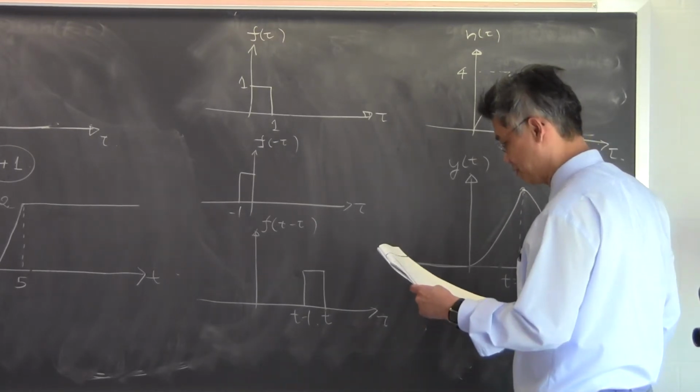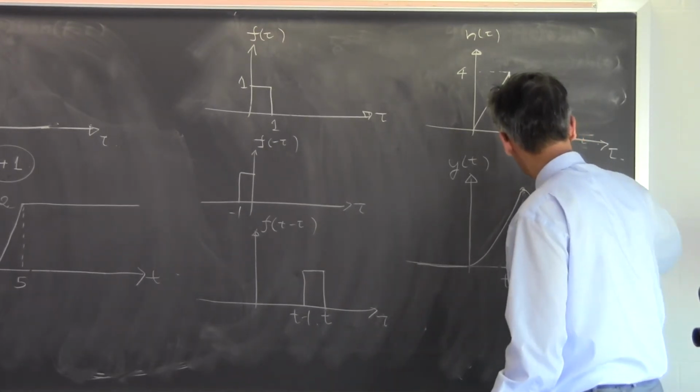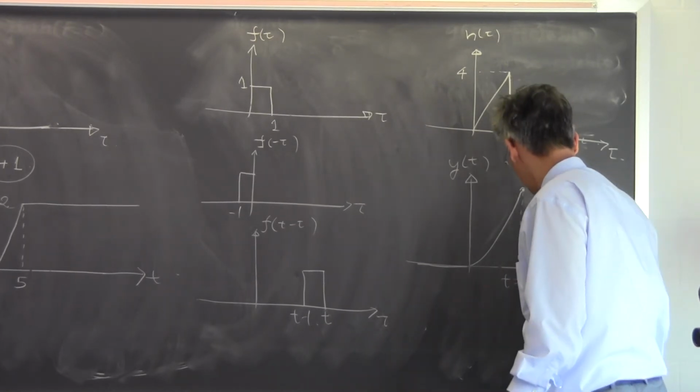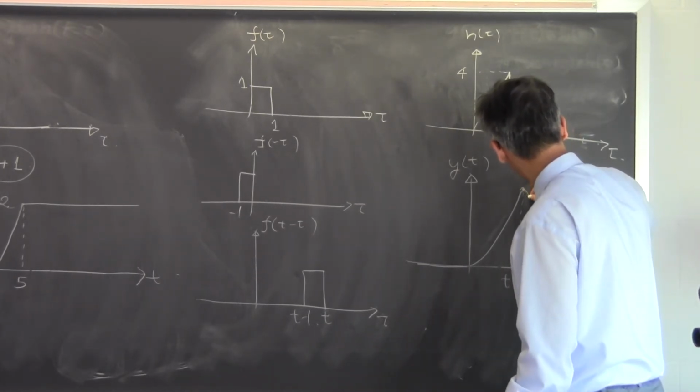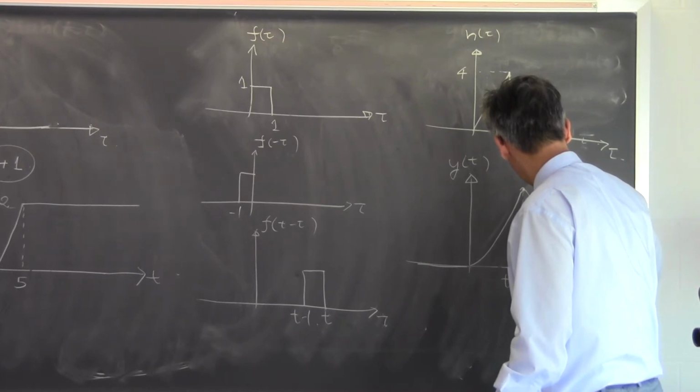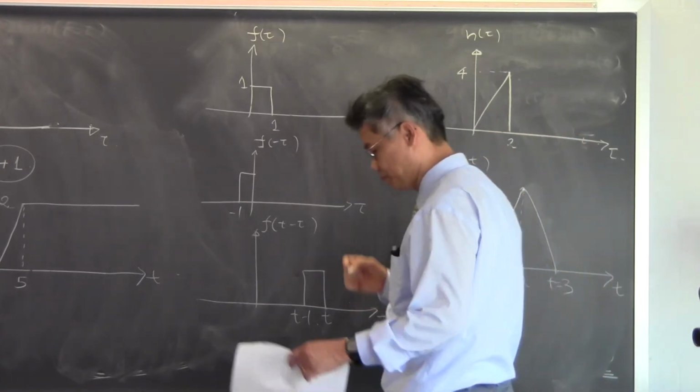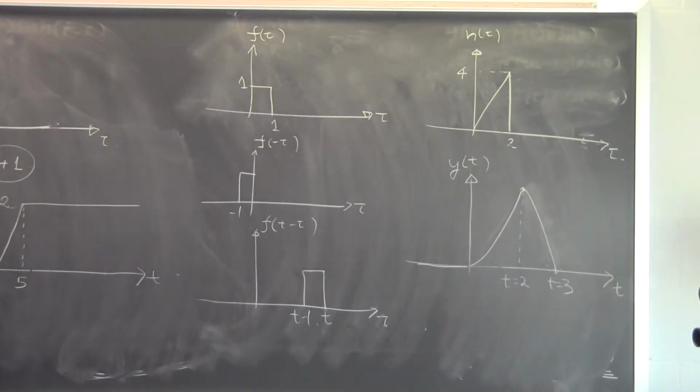Both of them are not straight lines, and both of them are quadratic. And as to why it should be that way, you have to work out the detail. I don't have a quick answer for it.